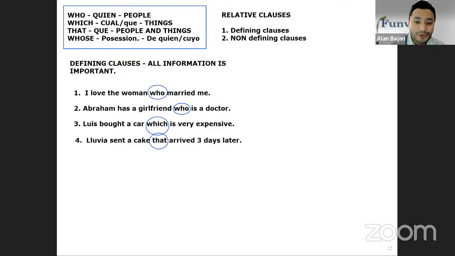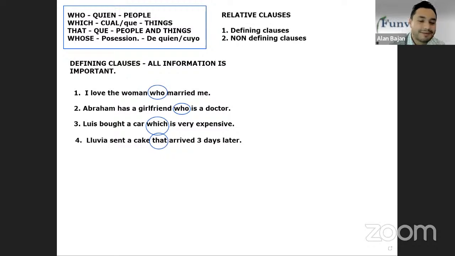Evelyn, yours is correct, but this is not a defining clause. This is a non-defining clause. Defining clauses don't have commas.